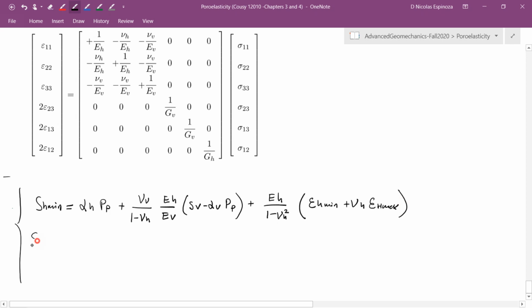And the next equation is pretty similar. And this part is exactly the same as the one before.